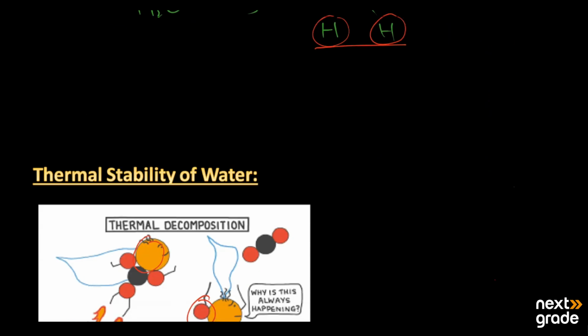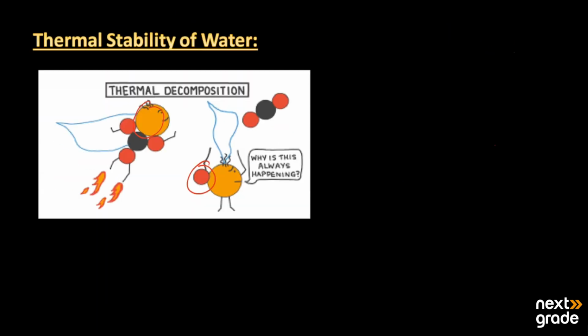The first one is the thermal stability of water. Thermal stability is how water reacts or behaves in the presence of heat. Water is a thermally stable compound. Why do we call it stable? The main reason is hydrogen bonding.